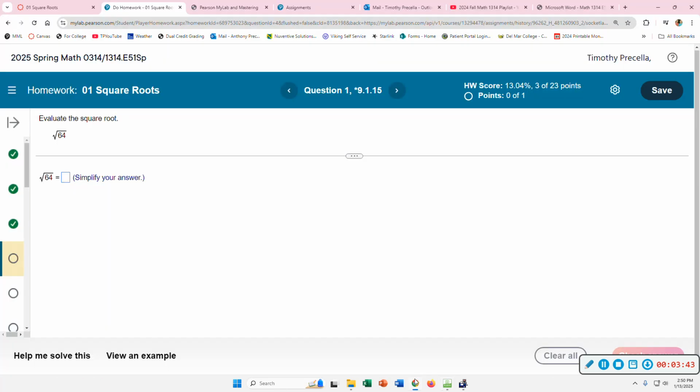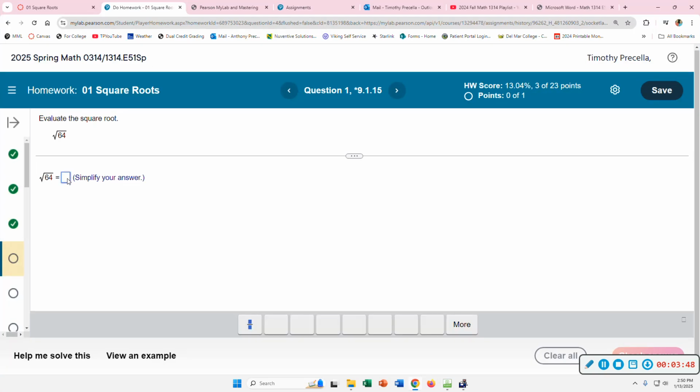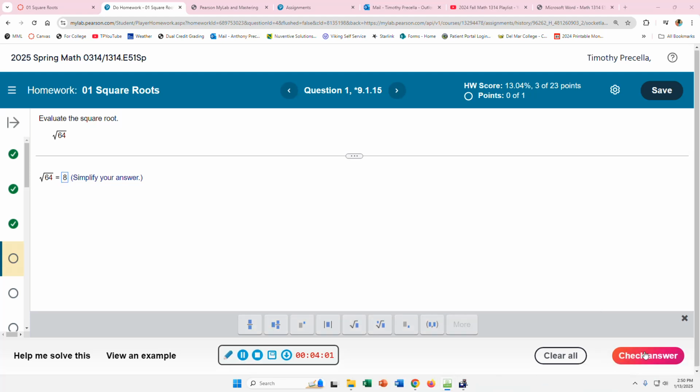So we go back to my lab. We click in the box, and when you click there, it'll then show all these little tools, which you don't need right now. You just type in an 8 and say check answer.